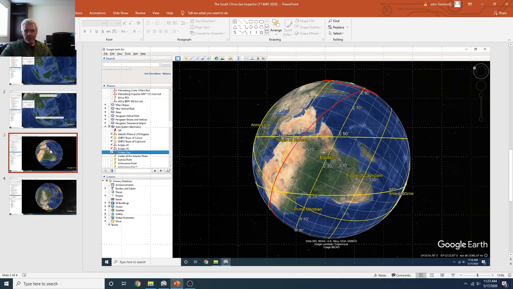So here's Google Earth when you take the planet and orient it with the galactic plane, which is between this yellow line and this yellow line. The tropics of Capricorn and Cancer are in different locations.